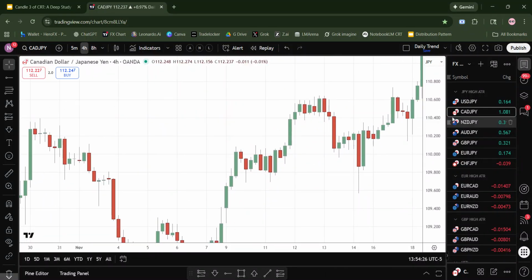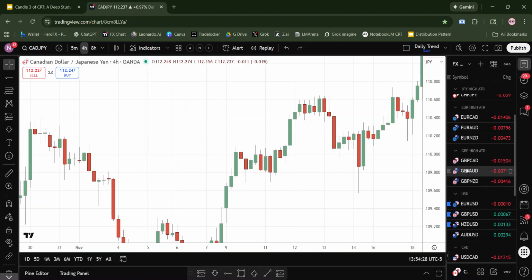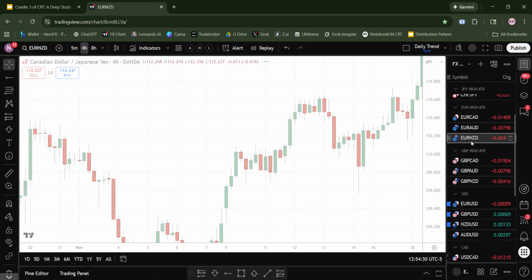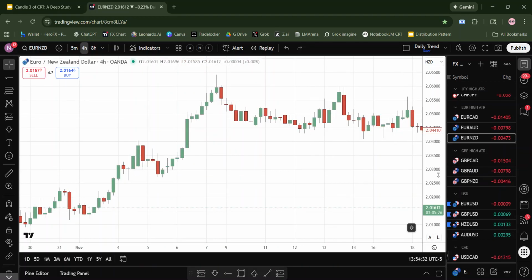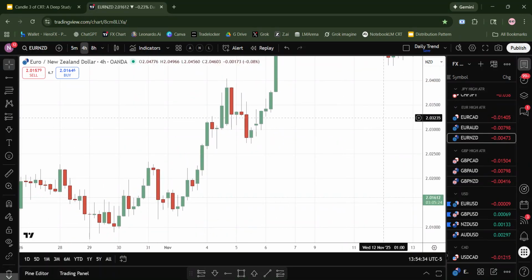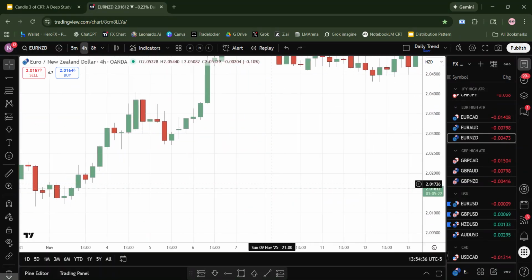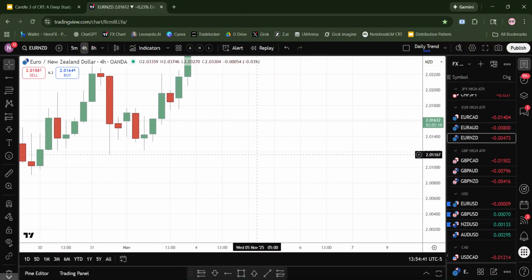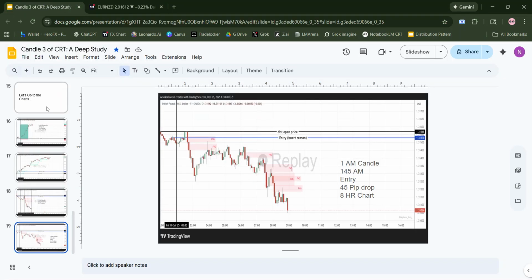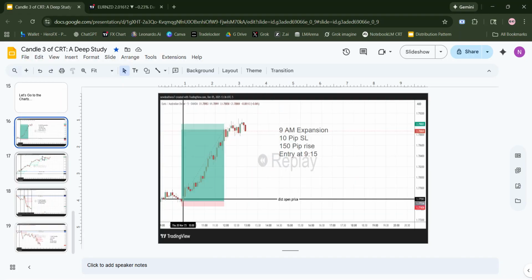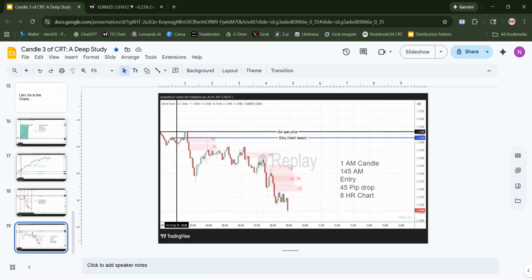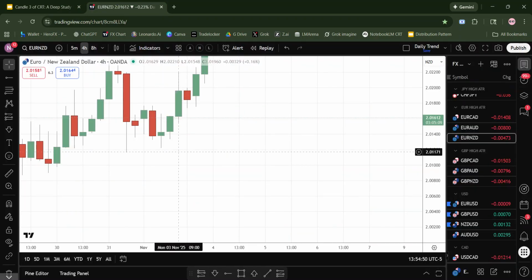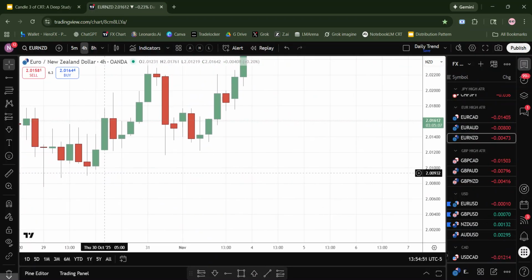Let me go to another pair for that as well. You can kind of eyeball it. I think this one may work. Did I just do Euro New Zealand? Let me make sure. Euro Australian. Okay, no, we're good. Even if I didn't know, it's the same thing.